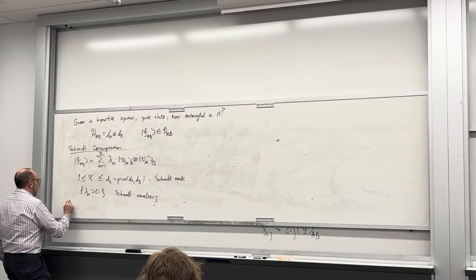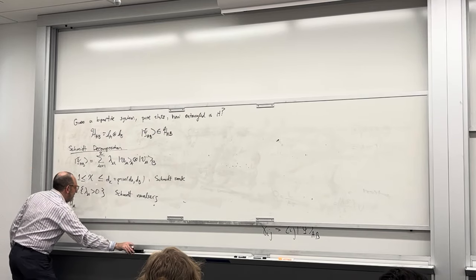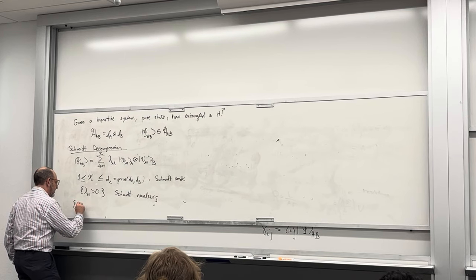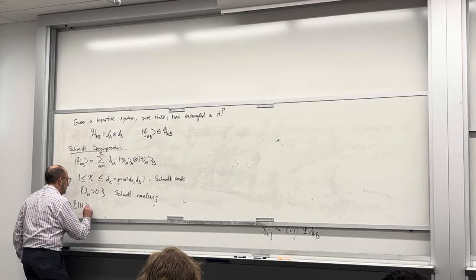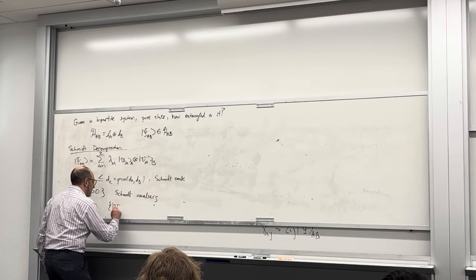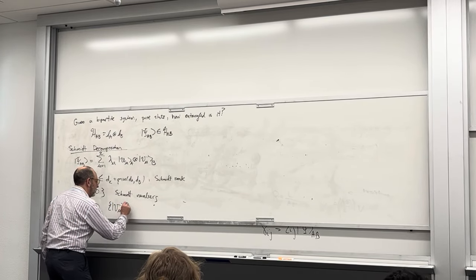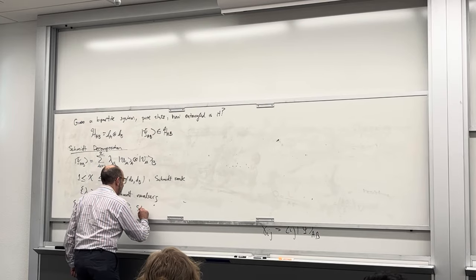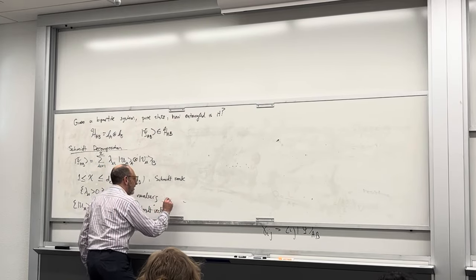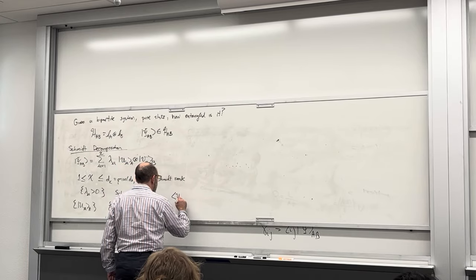And these vectors are called the Schmidt vectors. They're orthogonal and typically normalized.